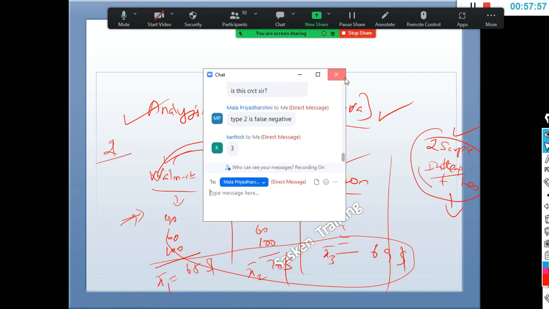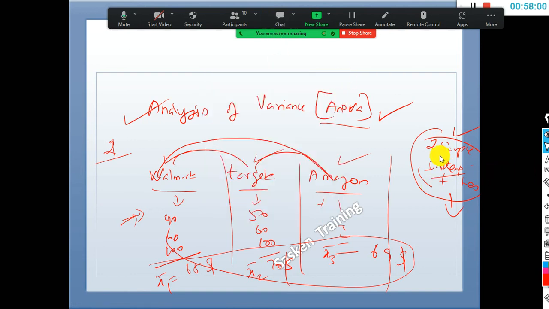If you want to run the two independent sample t-test and you have more than two groups, how many times do you need to conduct the test? For these two samples you need to conduct the hypothesis test once, and then one more test, because you need to compare these two sample means, and then you need to compare this.